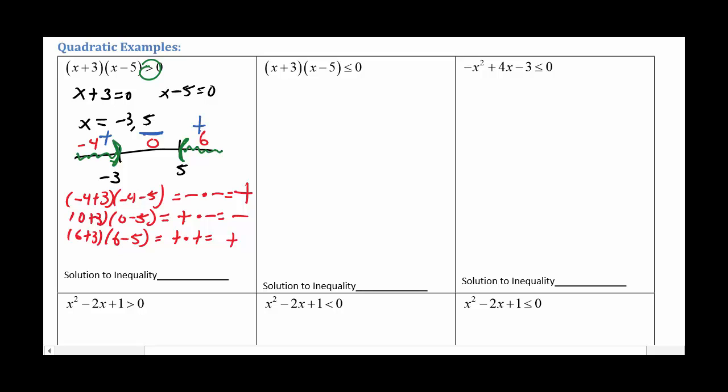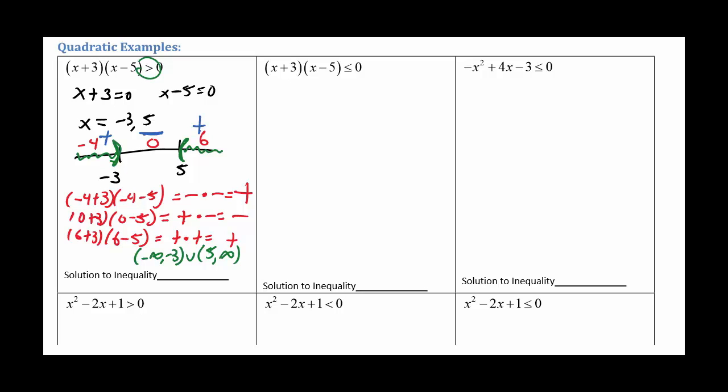So I'm shading in here on the number line what our solution set is. And in case you forget, why are these parentheses? If you go back to the original symbol, it was just greater than. It wasn't greater than or equal to. But that's my solution to this inequality, the part that I've shaded in. So it's going to be from -infinity up to -3, union 5 up to infinity.